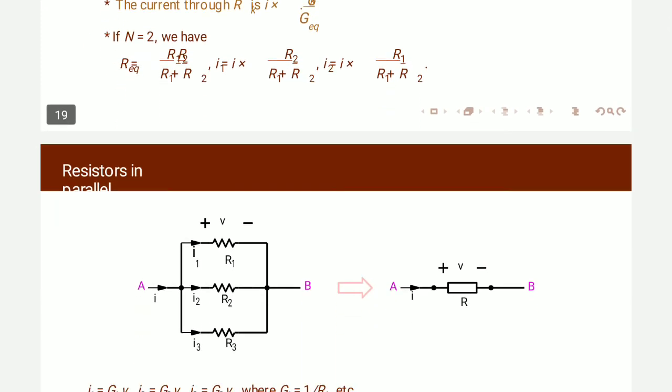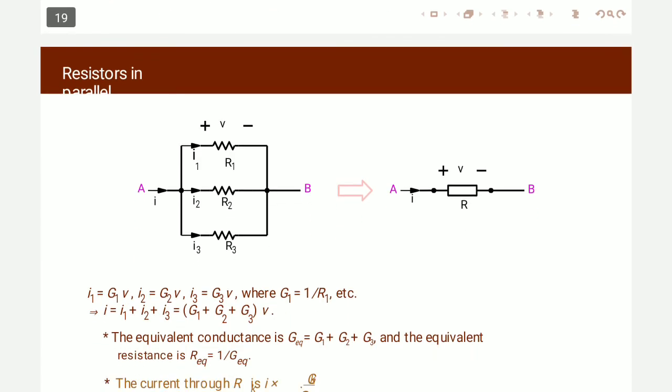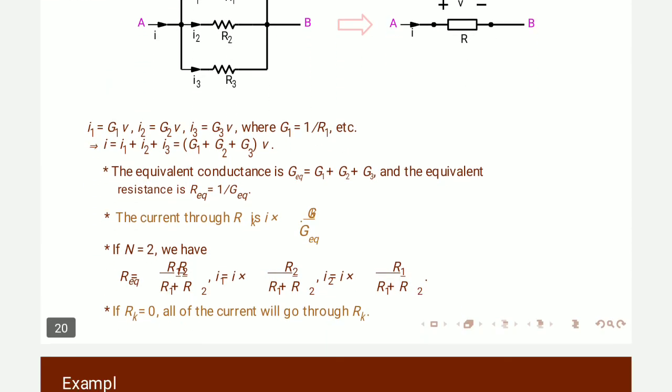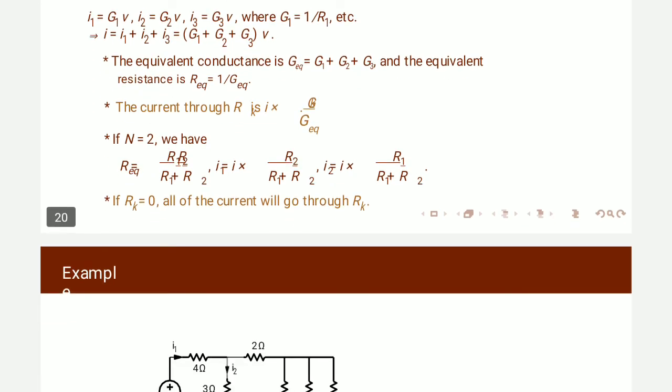For three, 1 by R equivalent is equal to 1 by R1 plus 1 by R2 plus 1 by R3. That is the equivalent resistance.